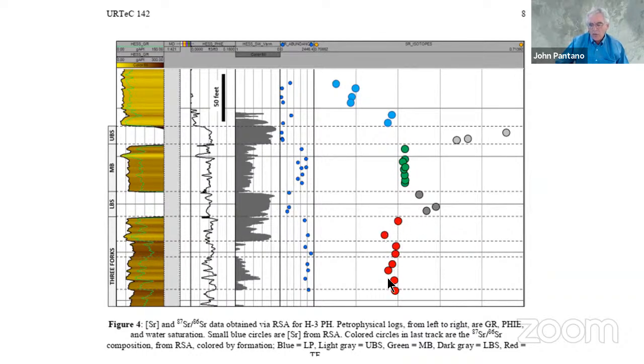And here's the Three Forks. So we have a range here of what the Three Forks strontium isotope could be. Now, just looking at these general shapes of these curves, you can see that it's not one homogeneous unit. So let's look at this Three Forks in a little bit of a zoomed in view.